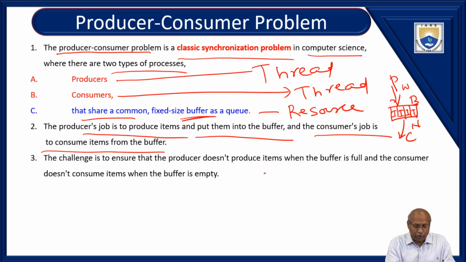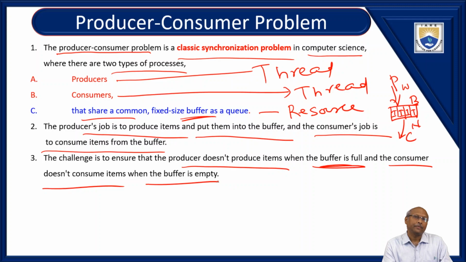The challenge is to ensure the producer does not produce an item when the buffer is full. Similarly, the consumer does not consume an item when the buffer is empty. Under this situation, they have to go for wait and notify. Producer, consumer, and in between, the buffer.